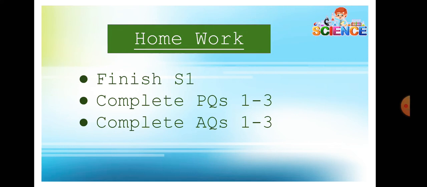First, I would urge you to complete all your pending work of your worksheet, then move further with S1 and complete the practical question and additional questions 1, 2, 3. Please maintain this format while answering the questions.